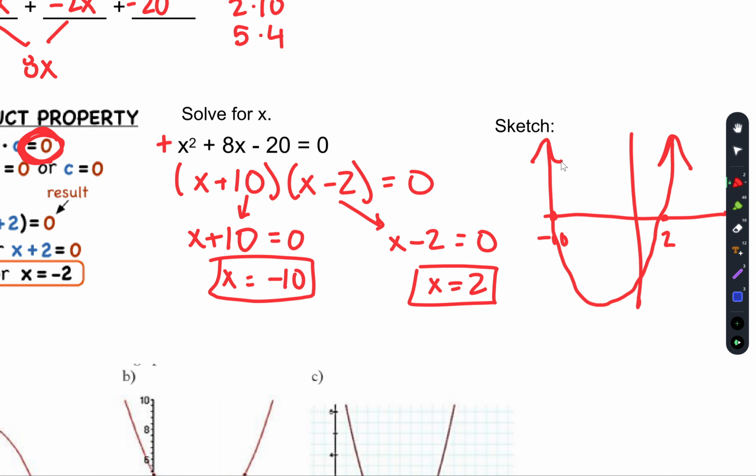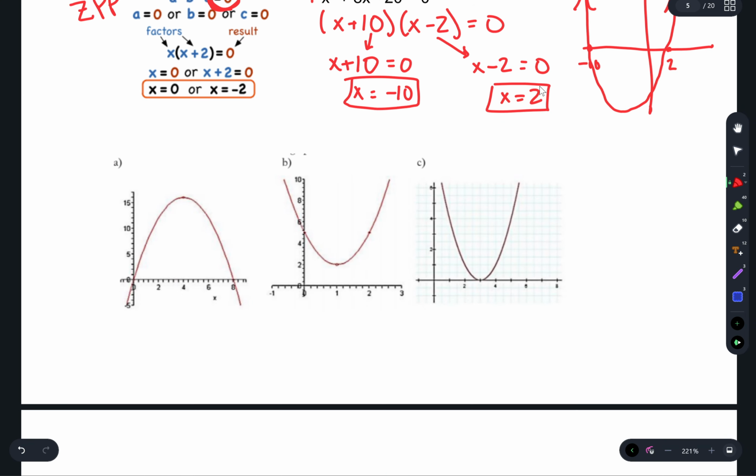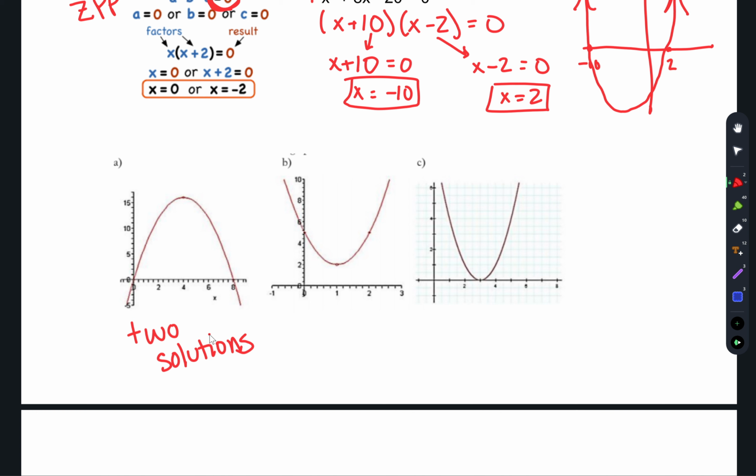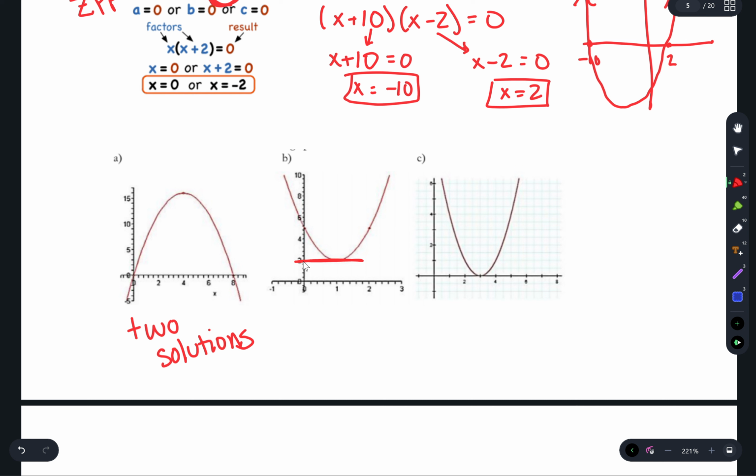When we are doing our sketches, we kind of have 3 options for what our graph might look like. It could look pretty much exactly like that one we just did. There are 2 solutions, so we have 2 x-intercepts. Sometimes we might get no solution, meaning our parabola never crosses that x-axis.